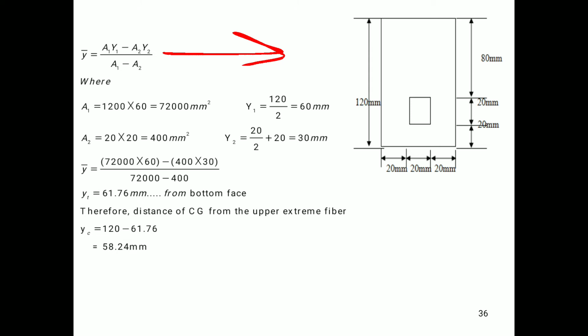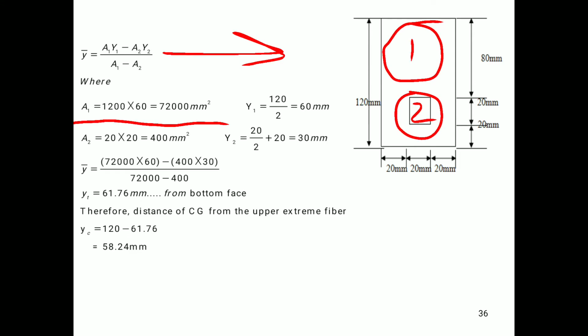Suppose that the entire rectangular section we will consider as 1 and this square section which we have removed we will consider as the second section. Therefore A1 will become 120 into 60. This total depth is 120 and this total width is 60. Therefore the area will become 120 into 60 and that will be 7200 mm square.